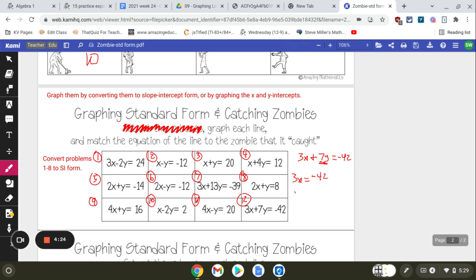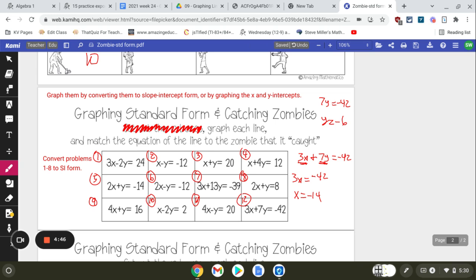You're going to get x equals negative 14. For the y-intercept, you would plug in 0 for x, and you'd be left with 7y equals negative 42. Then divide by 7, and you're going to get y equals negative 6.